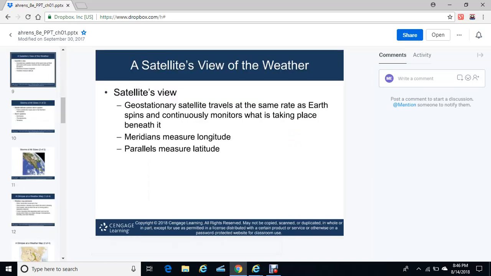All right, satellite. We talk about being able to sample weather by remote methods, and one of these remote methods is via satellite. There's a really good book out there called Isaac's Storm, about the 1900 Galveston, Texas hurricane. At that time, there was no such thing as a weather satellite, being able to observe the clouds and structures across remote locations of the Earth, such as the ocean areas.